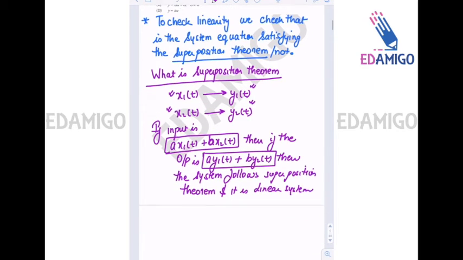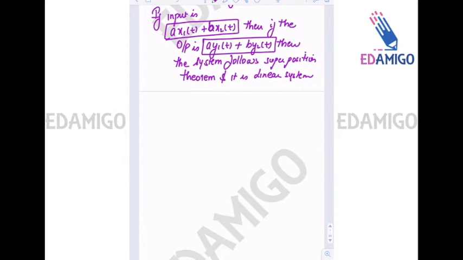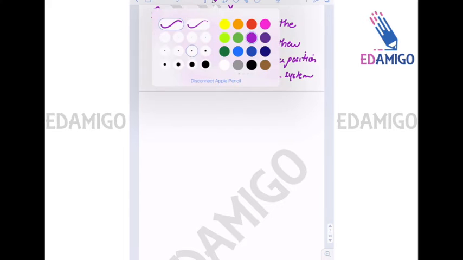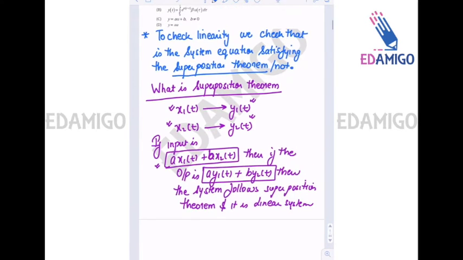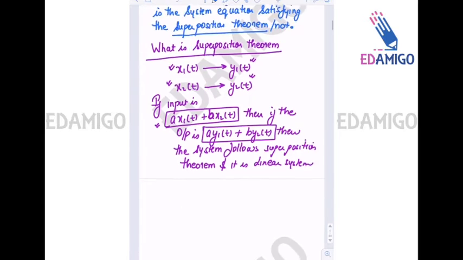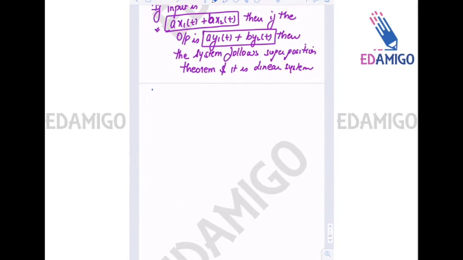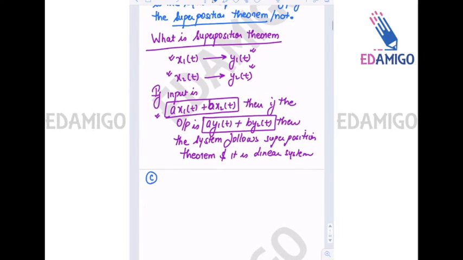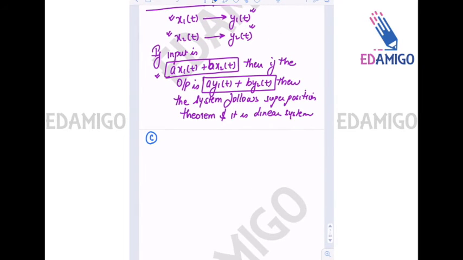Okay, now we will solve the question taking C and D first. Let us check whether the C option given to us is linear or not. It is given that y is equal to A u plus B. So this is the output and u is the input.